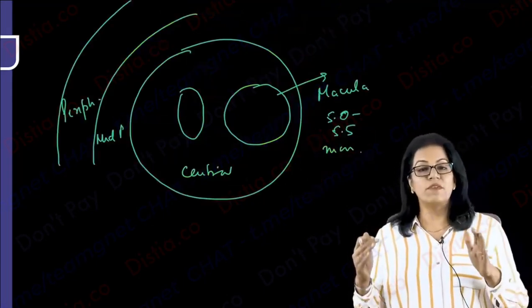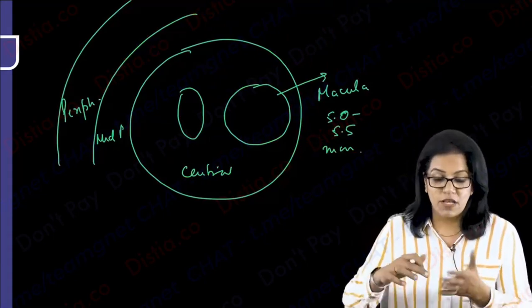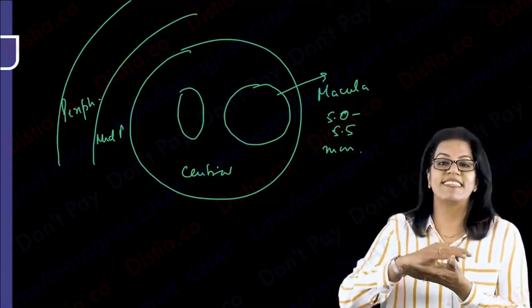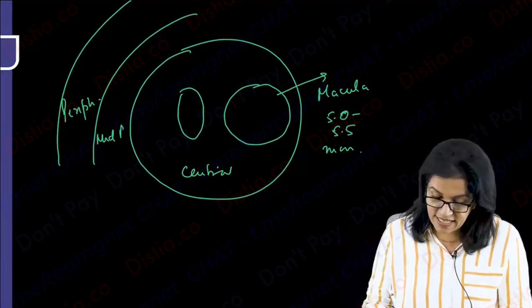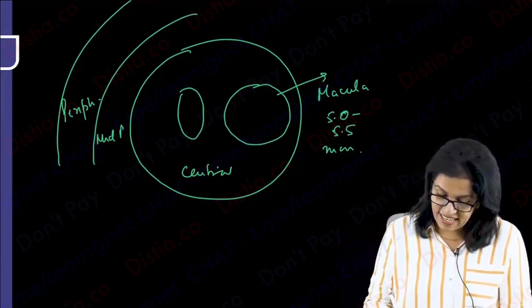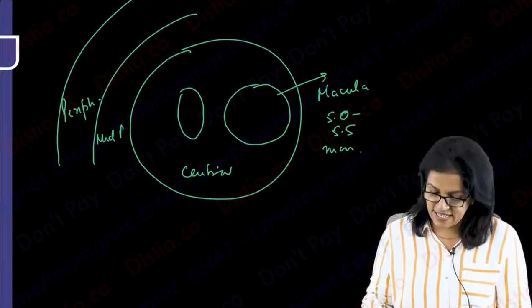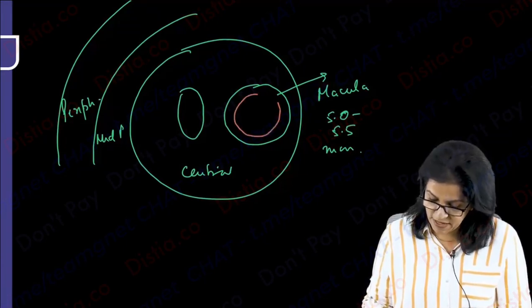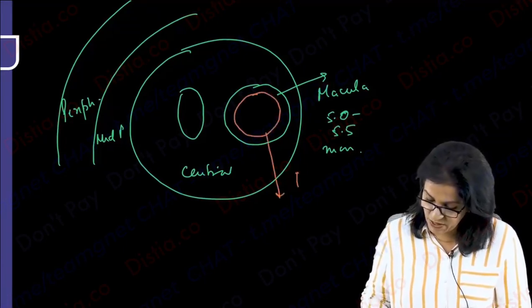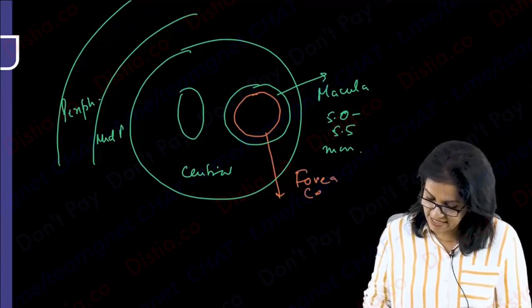Okay, so 5 to 5.5 is the diameter of the whole macular area, which is the central retina. Inside this area is the most sensitive part of the retina. Exam question: most sensitive part of the retina. This is what is called the fovea centralis.